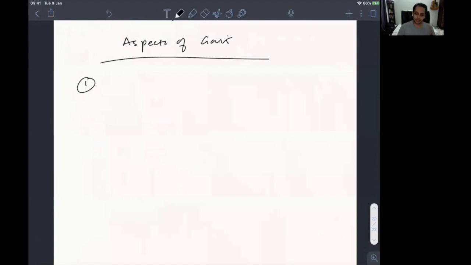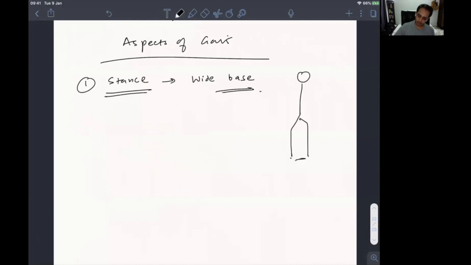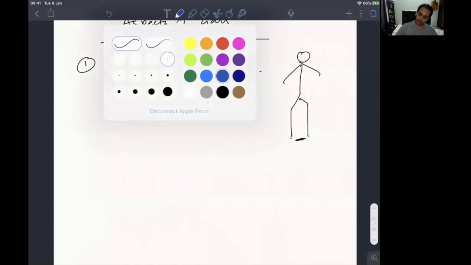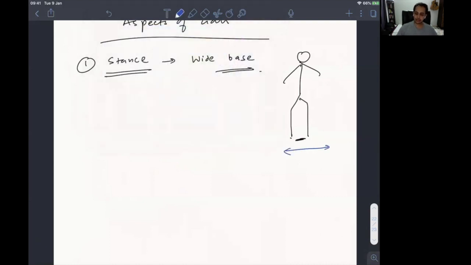So one is when the person is standing. In the stance, you will see how wide is the base. When someone is standing, the distance between the feet will tell you a lot of things, because the wider the distance, the more the problem with balance.